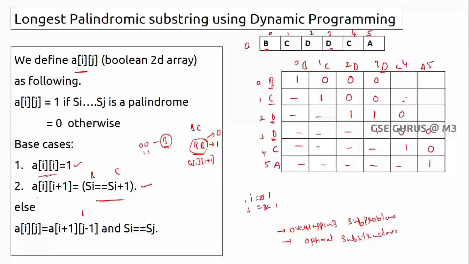Can I write directly 1 here? No. Now you have to check this one. So if this is also 1, then keep it 1, otherwise 0. Okay, what is the previous one? So in this case, what is i value? 1, j value 4. So i plus 1. That means checking with this C and C. So whether it is a palindrome or not means inside you have to check whether this substring is a palindrome or not.